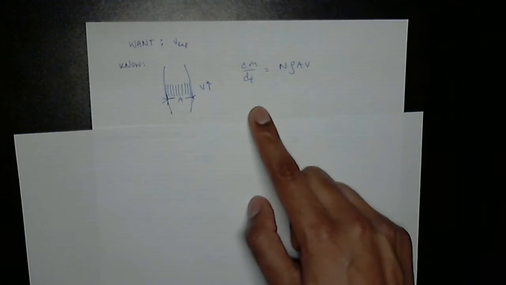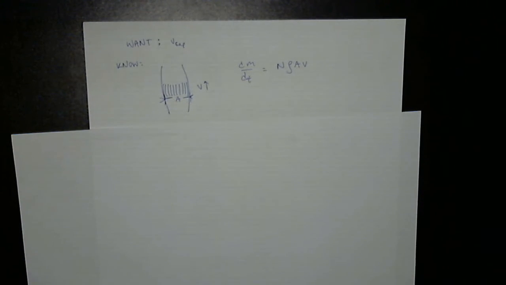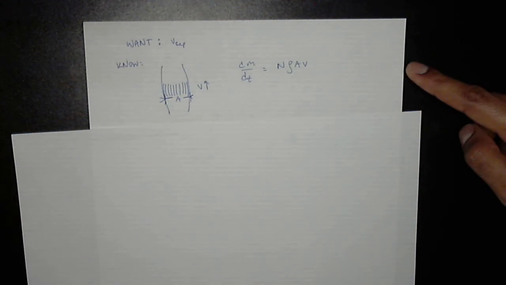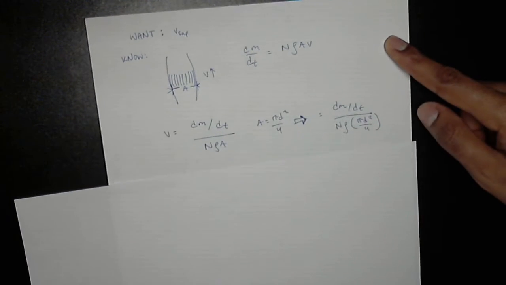We also know that the rate of the mass escaping with respect to time, dm/dt, is equal to N, the number of tubes, times density of fluid, times cross-sectional area, times v, which are both found in this figure.